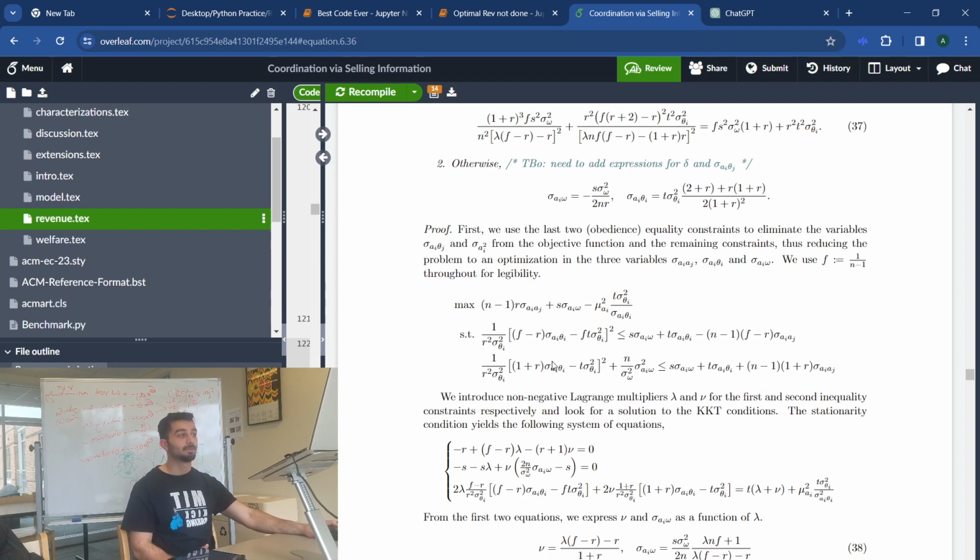So 1 is compared to sigma I omega. For that, doesn't matter. 1 is with respect to sigma I theta I. The parameters are sigma I theta I, sigma I omega, and sigma I aj.